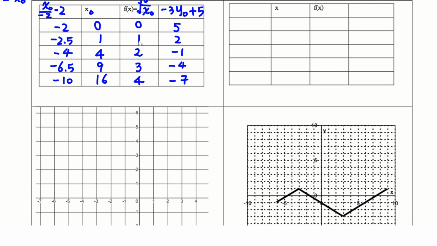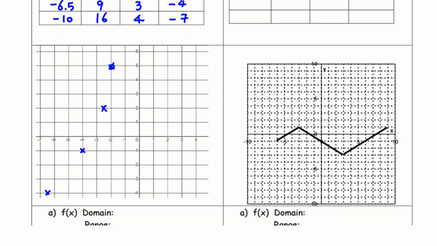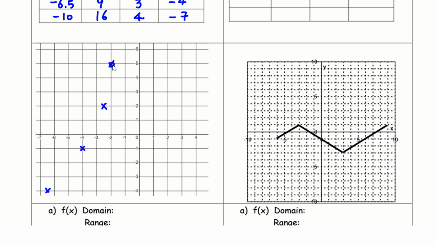Then 0, 0 becomes the PQ, negative 2 and 5. This is your starting point. And negative 2.5 is 2. Negative 4 is negative 1. Negative 6.5 is negative 4. Then connect them, you have this graph.